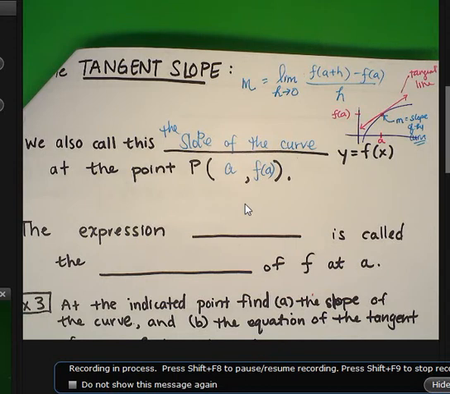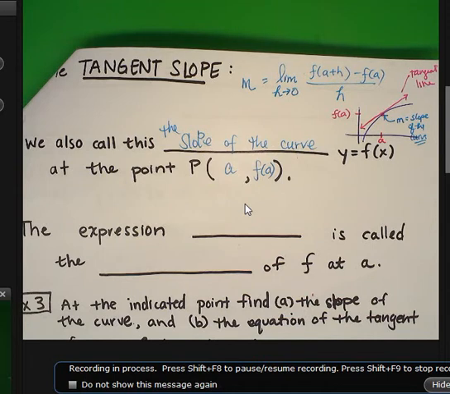you can zoom in, or you can draw a tangent line. Basically asking for the slope of the curve here is the same thing as the slope of whatever that tangent line is there. Does that make sense? So the slope of the curve at a certain point is equivalent to finding the slope of the tangent line to that point. And how do we find the slope of the tangent line? Well, we can find the slope of a secant line close to it and just bring that secant closer and closer, make that interval smaller and smaller.